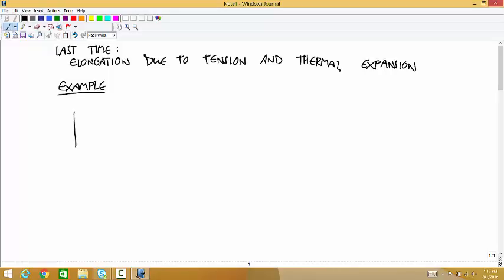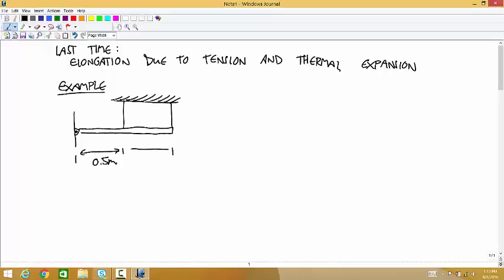Let's say you have a beam connected to the wall by a pin joint, and then it's connected to the ceiling by a cable at its midpoint and a cable at its end. And we'll say each of these is half a meter, so the total length of the beam is 1 meter.